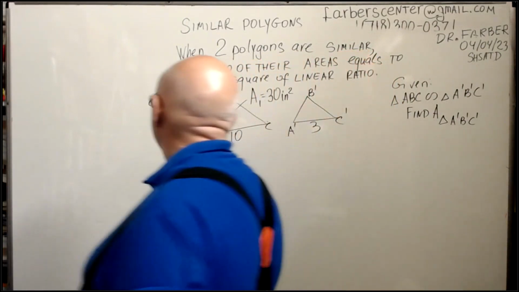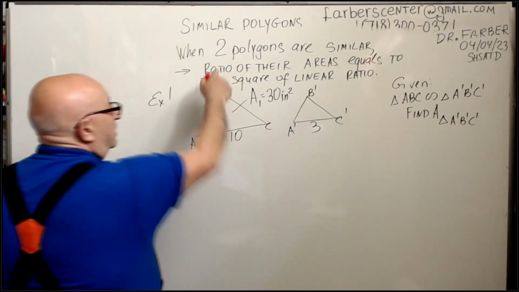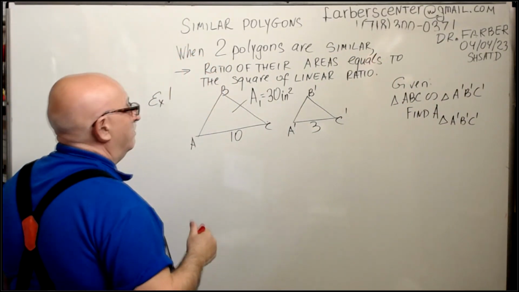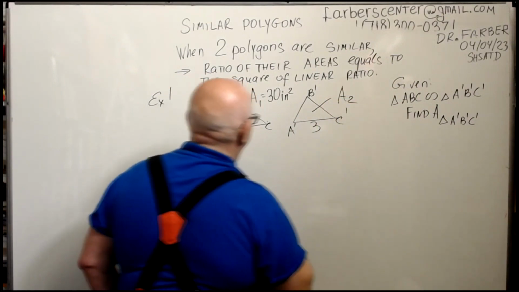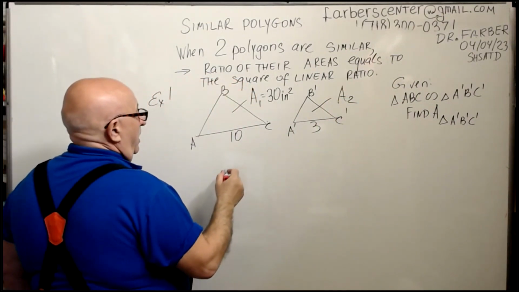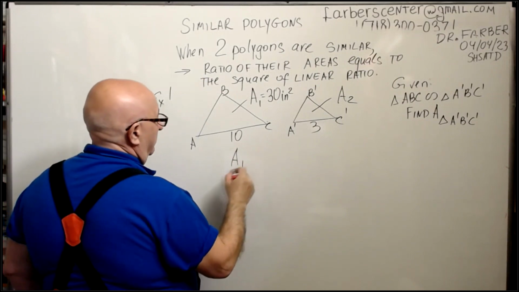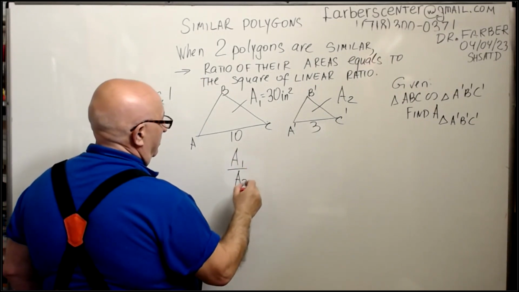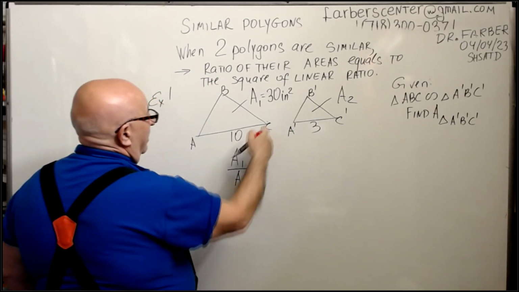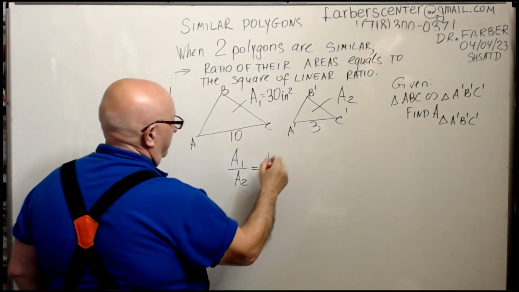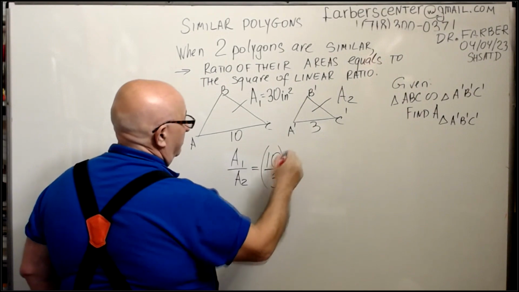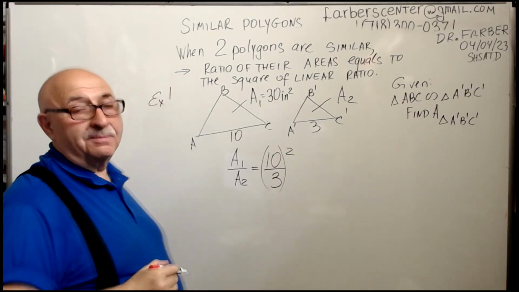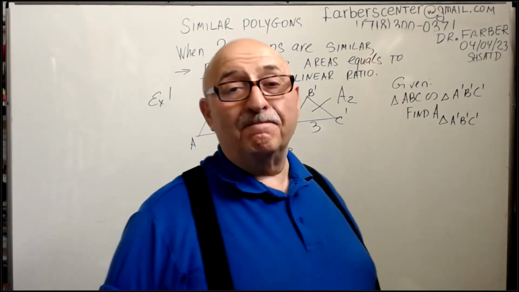Look at this. I can write by definition of this theorem, I would name it A2 for simplicity, area 1 to area 2 equals this side to this side, to the second power. It's it. Just plug in numbers.